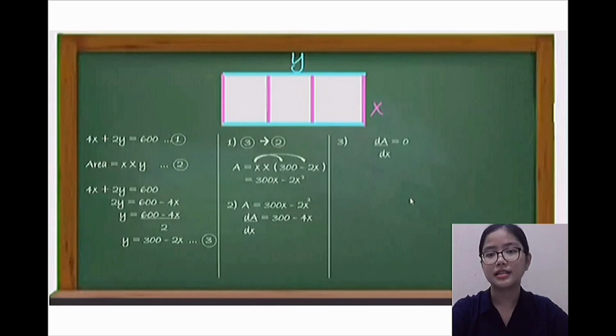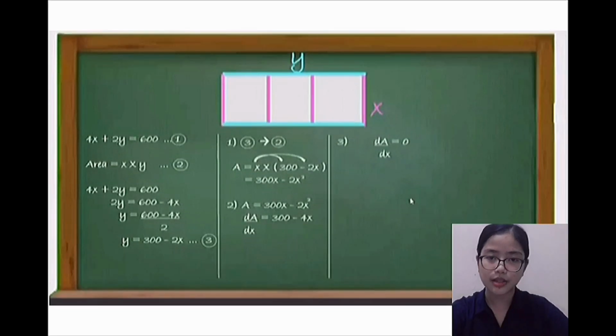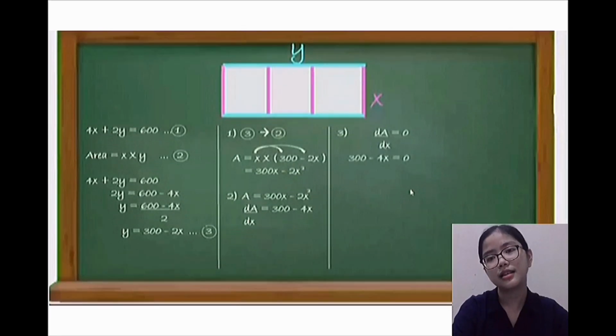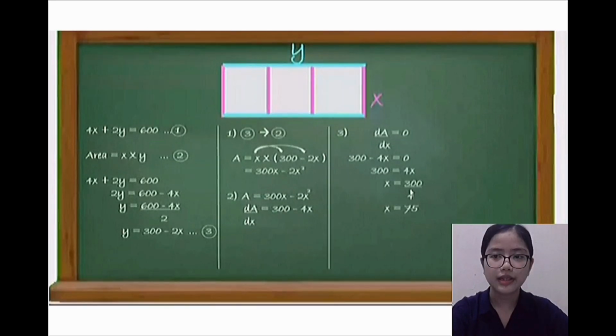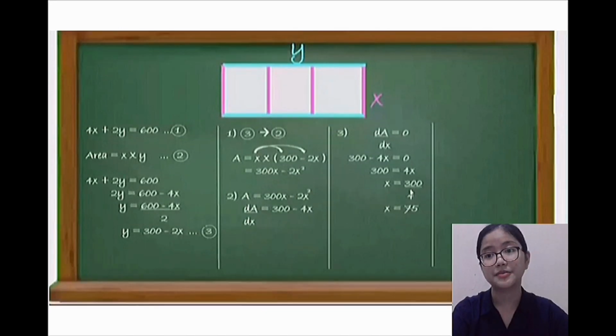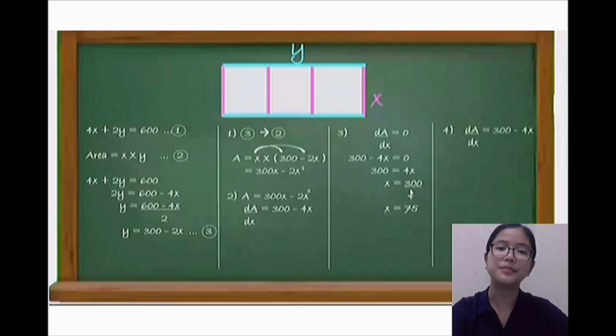For the third step, we need to let dA per dx equal 0. So our dA per dx is 300 minus 4x equals 0. And then we solve it, we get x equals 75. And then our fourth step, we need to differentiate it again.